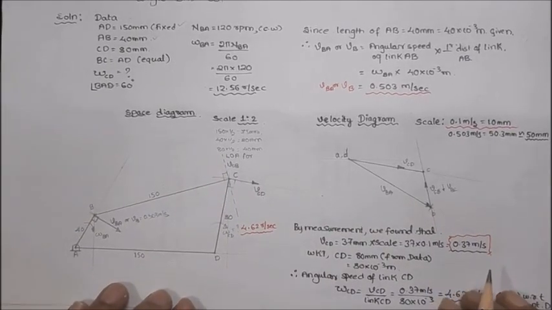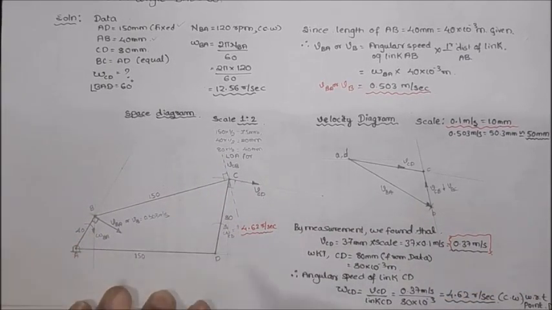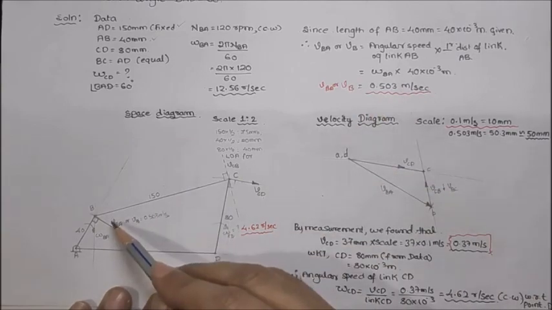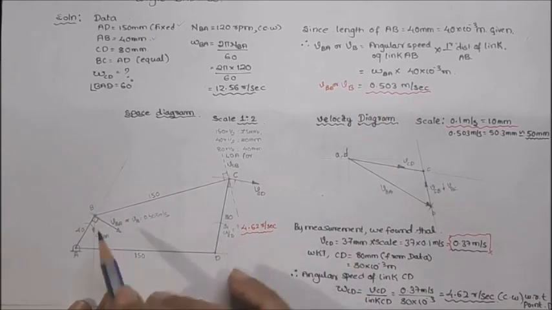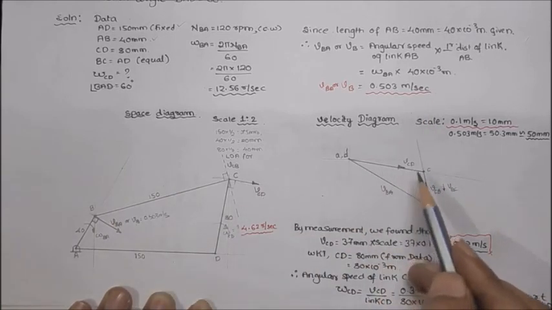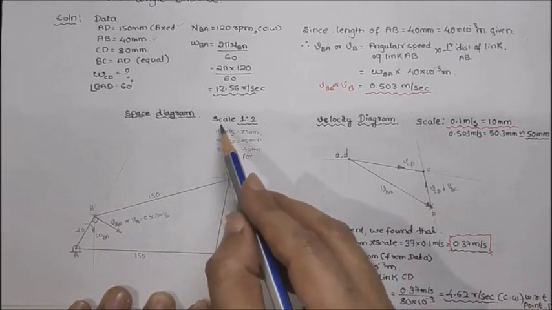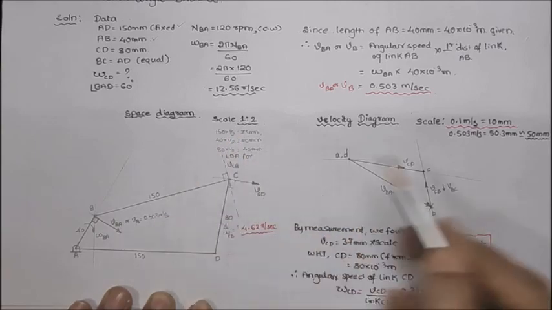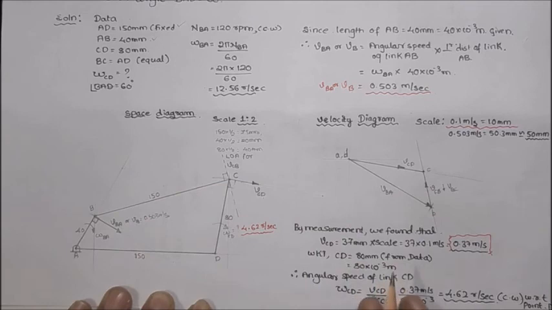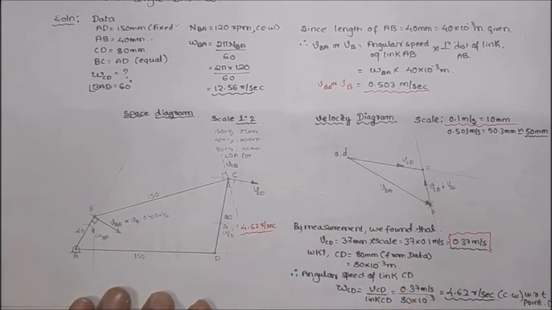So to a strong recap, what you should do is, first you have to find out the velocity at B. Then using those, you have to find out the vectors, that is the vector diagram. Important here, there are two scales. One is scale for space diagram, one scale for vector diagram. Both are quite different. So hope you have understood.